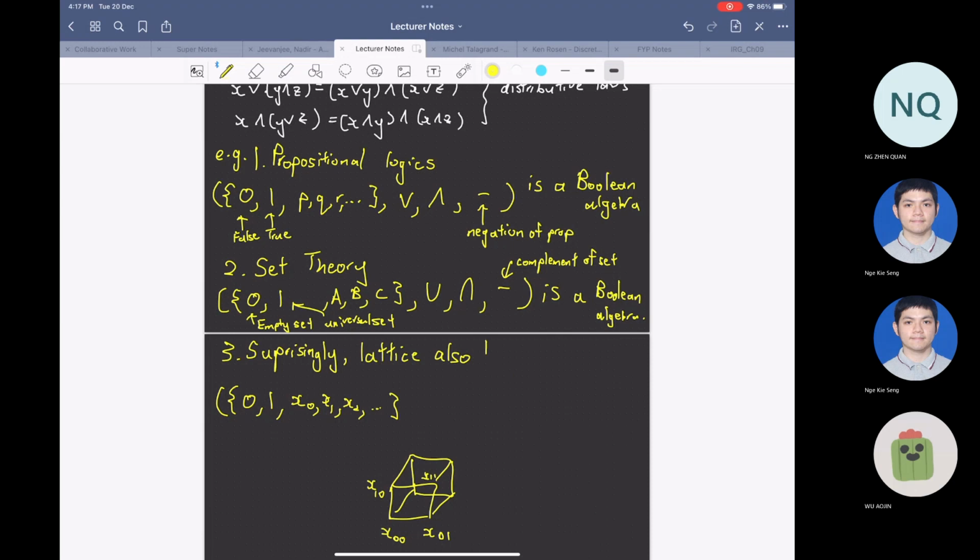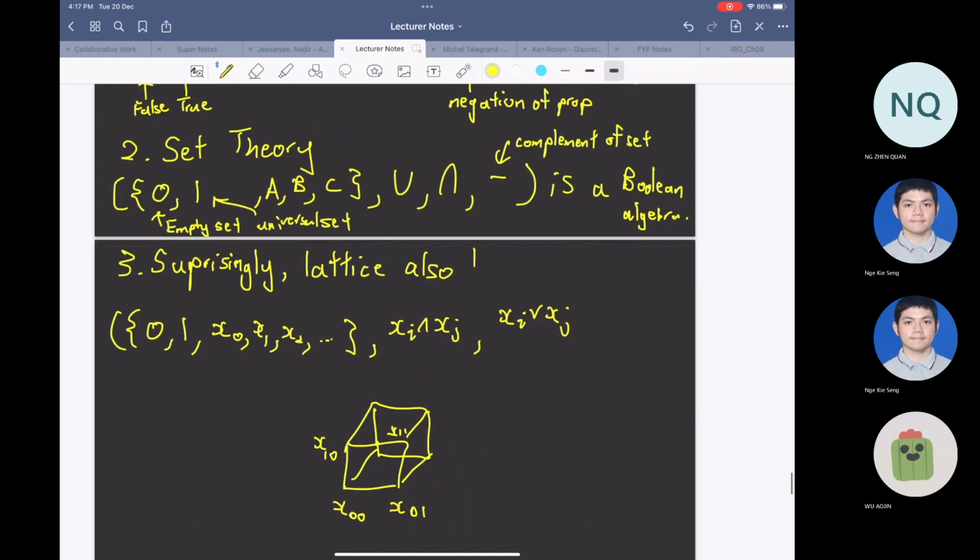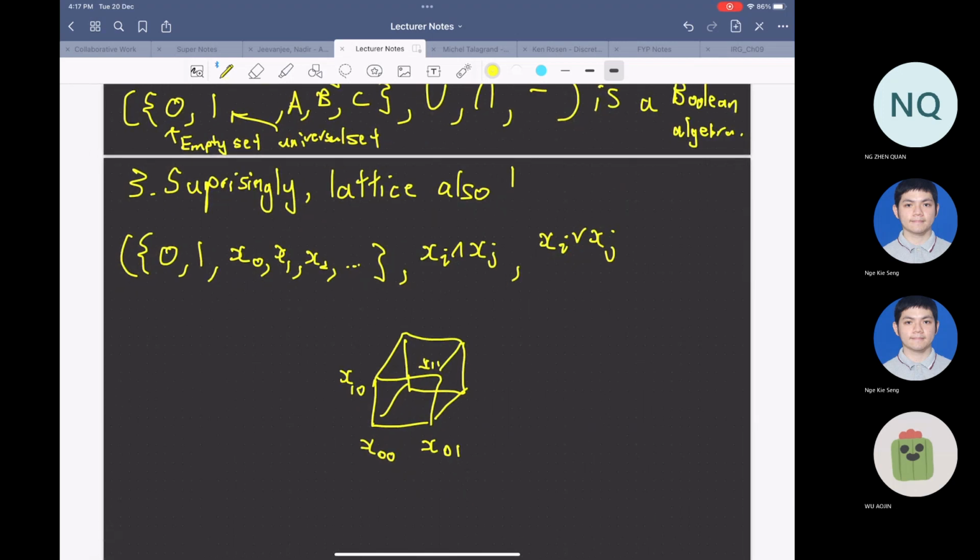So if I give you two lattice points, how do you generate another lattice point?